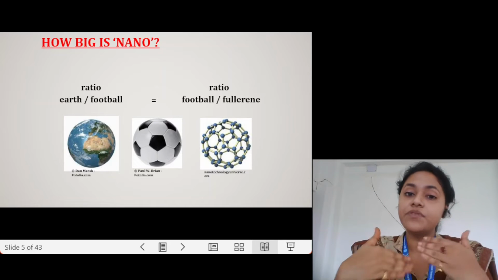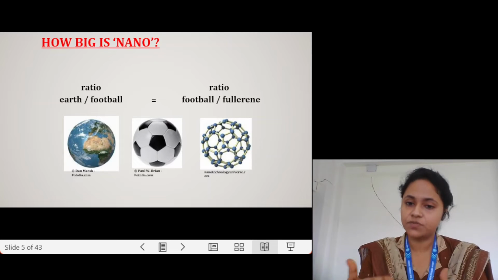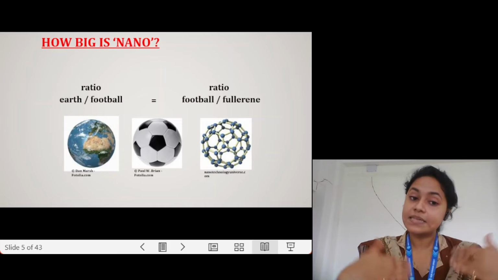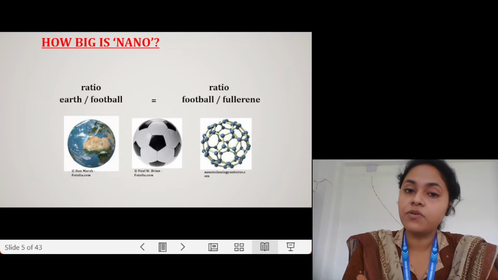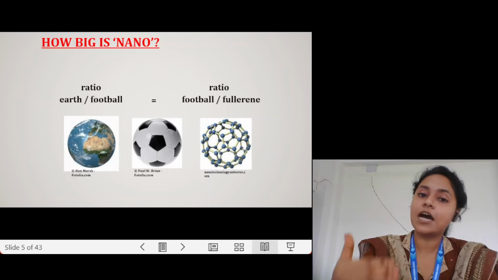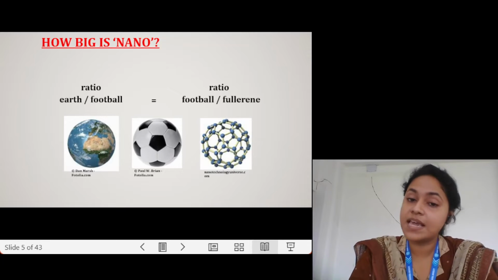If you take the ratio of the diameter of the earth to the diameter of the football, whatever value you get, similarly, if you take the ratio of the diameter of a football to the diameter of a fullerene ball, you will get the same dimension.